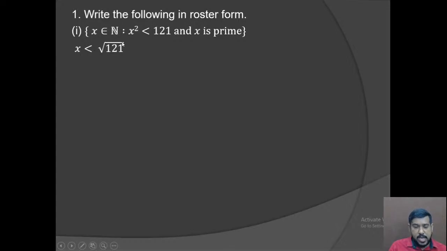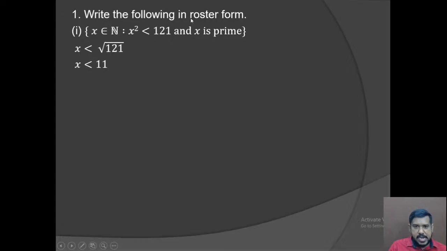So I have taken only the positive root. So x is less than root 121. What is root 121? It is 11. So x is less than 11. So it means that the set of numbers must be less than 11. So from the first condition we have understood that the numbers must be less than 11.